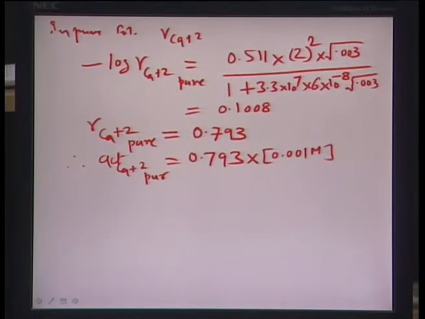So, it comes out to be 7.94 × 10^-4 molar. That is what the activity of the pure calcium ions is in a pure solution. Let us simultaneously find out what is the Ai dash, that means the activity of the calcium 2+ ions in the presence of Na⁺.